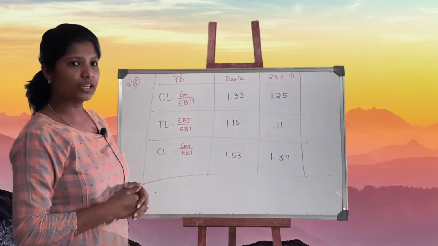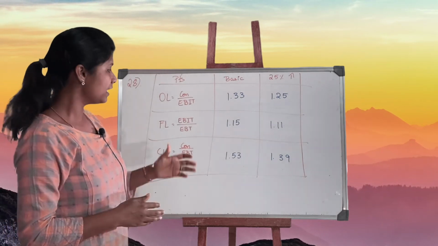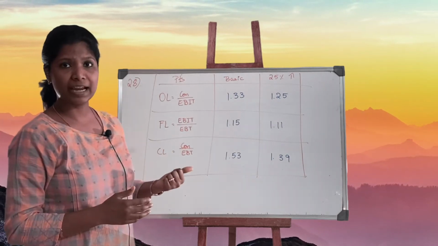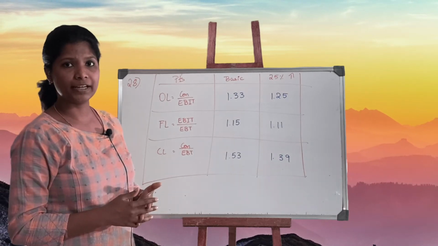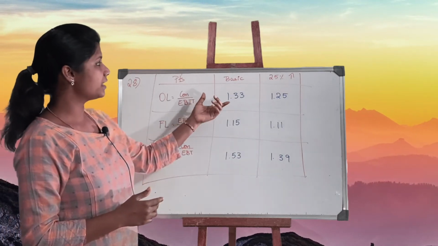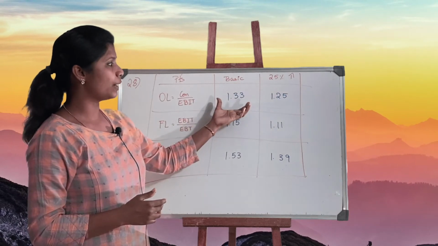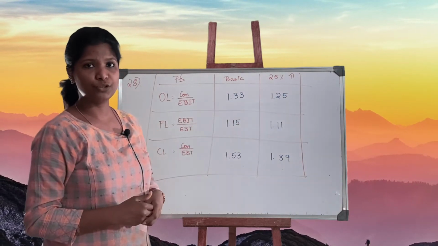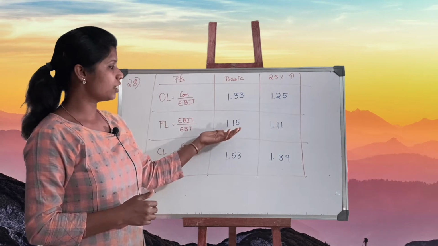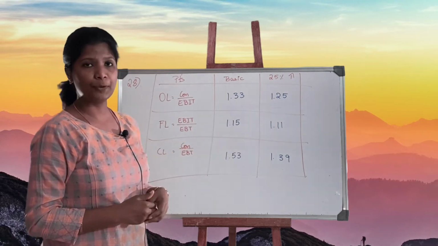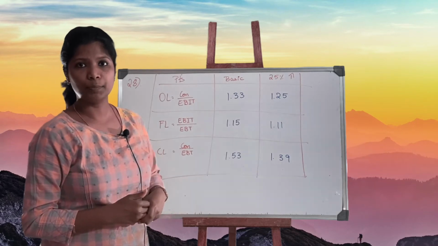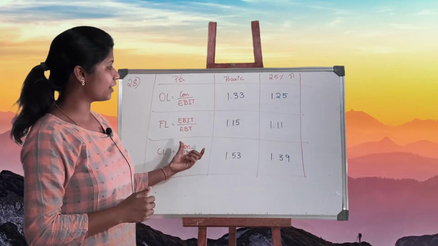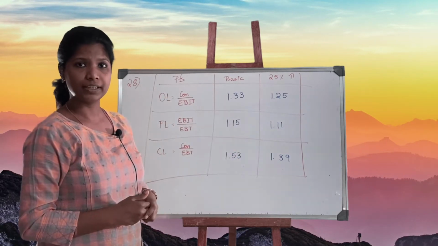Operating leverage formula is contribution divided by EBIT, financial leverage formula is EBIT divided by EBT and combined leverage formula is contribution divided by EBT. So answers are: operating leverage 1.33 and 1.25, financial leverage 1.15 and 1.11, combined leverage 1.53 and 1.39. Accordingly, when you put values, these are the answers you get.